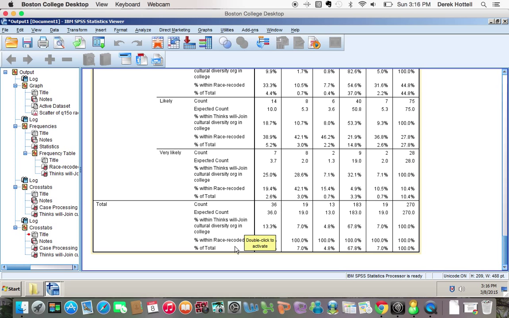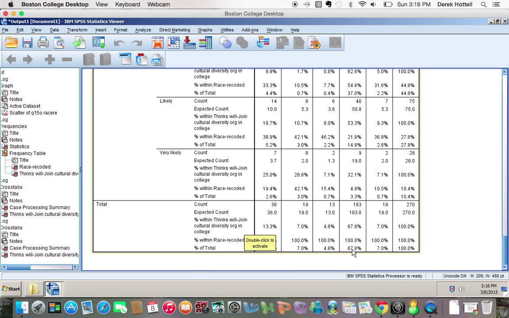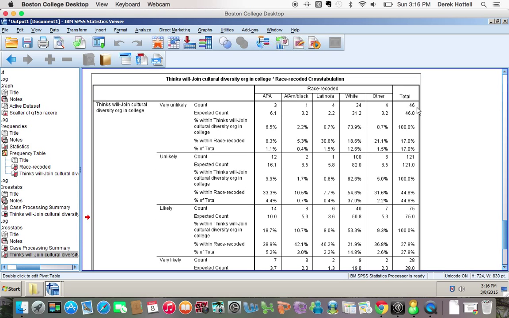And so what it's saying is 67.8% of this total of 46 should be represented within this count here.